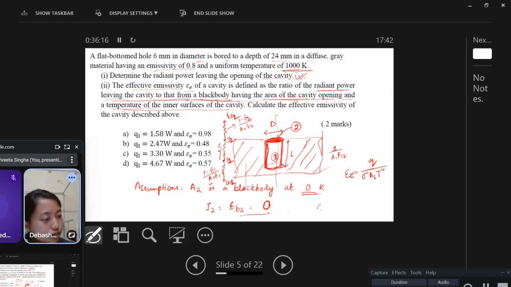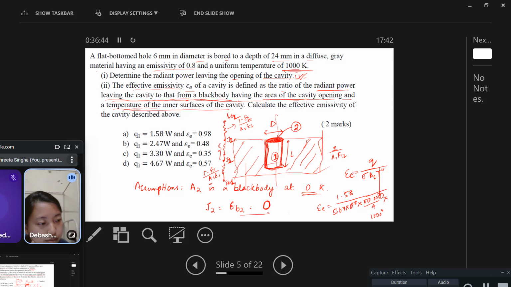So if you calculate this, you get 1.58 watt. Then below will be 5.67 into 10 to the power minus 8 into A2, which is just pi d square by 4, into 1000 to the power 4.